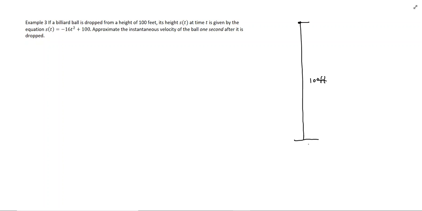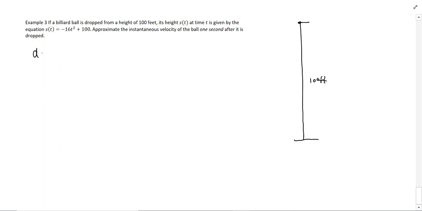So the question we want to study then is, what is the instantaneous velocity of the ball? How fast is the ball moving exactly 1 second after it has dropped, okay? And that's a difficult question to answer because let's think about why.